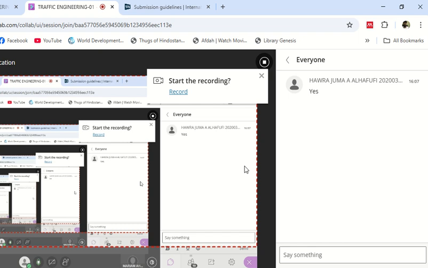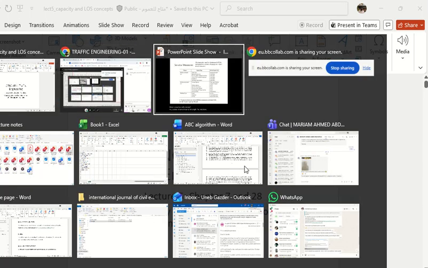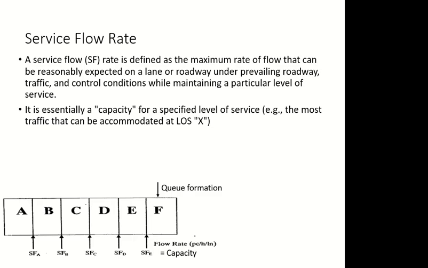Number of vehicles divided by the length. Yes, number of vehicles divided by the length. Yes, well done. So we'll be using that here.